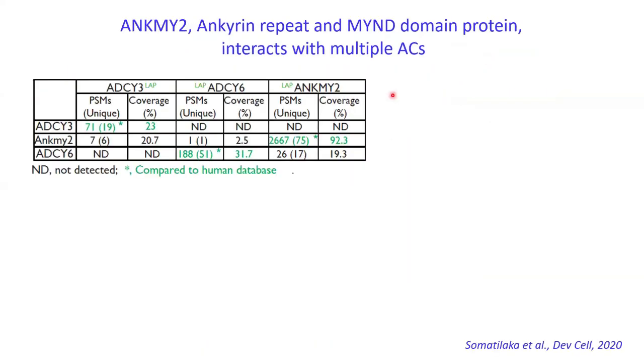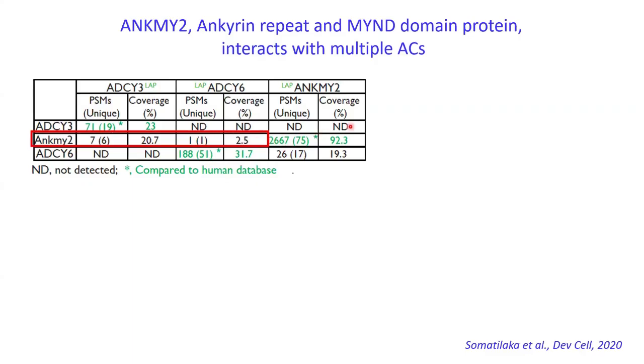So we performed tandem affinity purification followed by mass spectrometry. We stably expressed tagged AC3 or AC6 in NIH 3T3 cells. In both cases, ANKMY2 was identified combined with AC3 or 6.